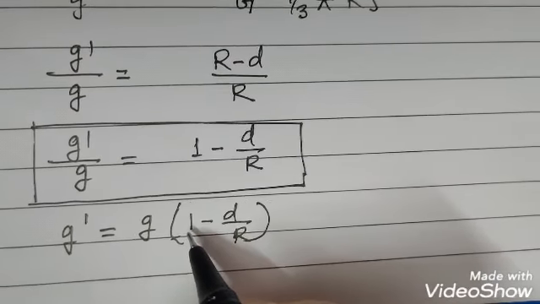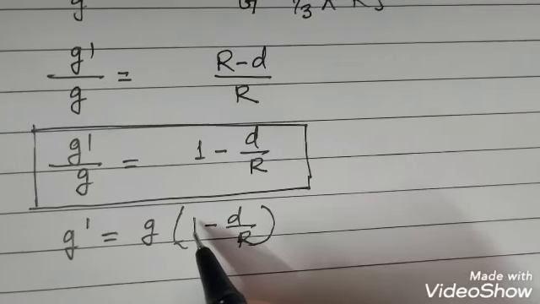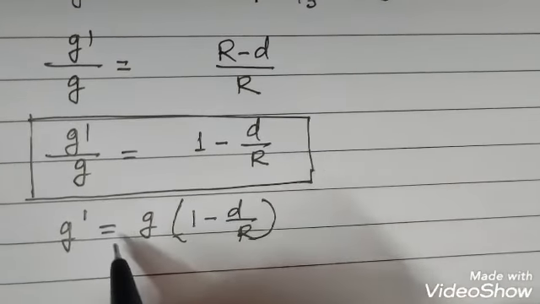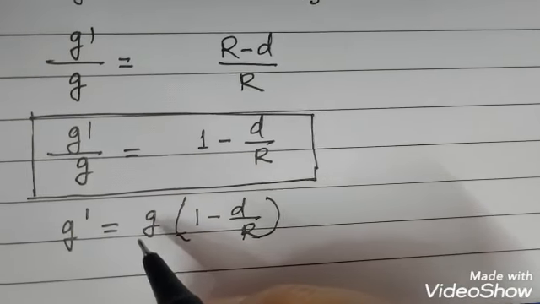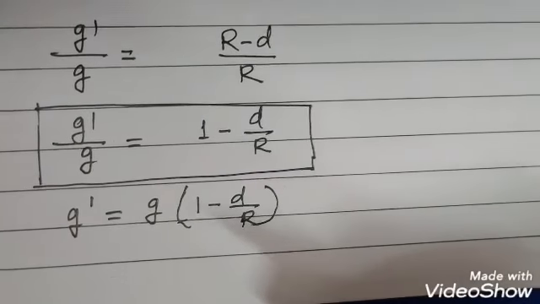Whatever the quantity in the bracket, it will be a positive value, but a lesser value. In such a situation this g dash will be reduced. So once again we'll find that the value of acceleration due to gravity will reduce here.